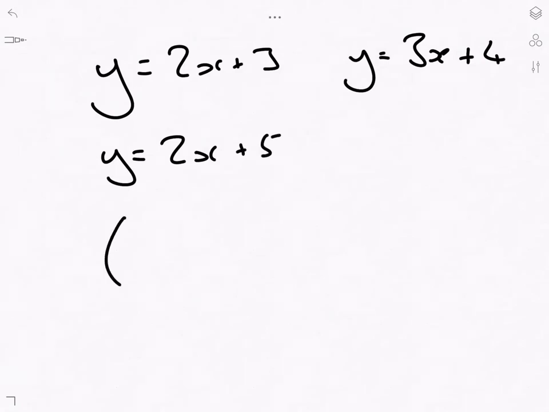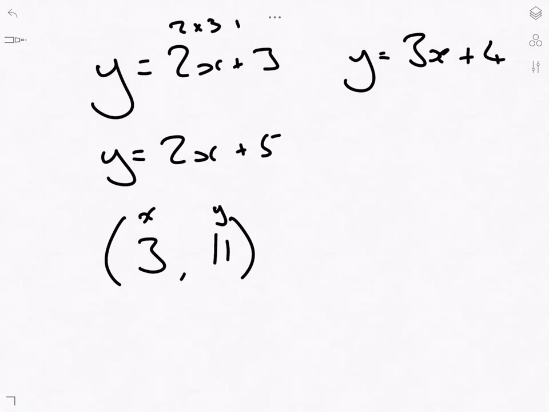And then it says which one passes through, let's do 3 and 11. And so you have to just test these ones out. This is your x, remember, and this is your y. So we put them in.